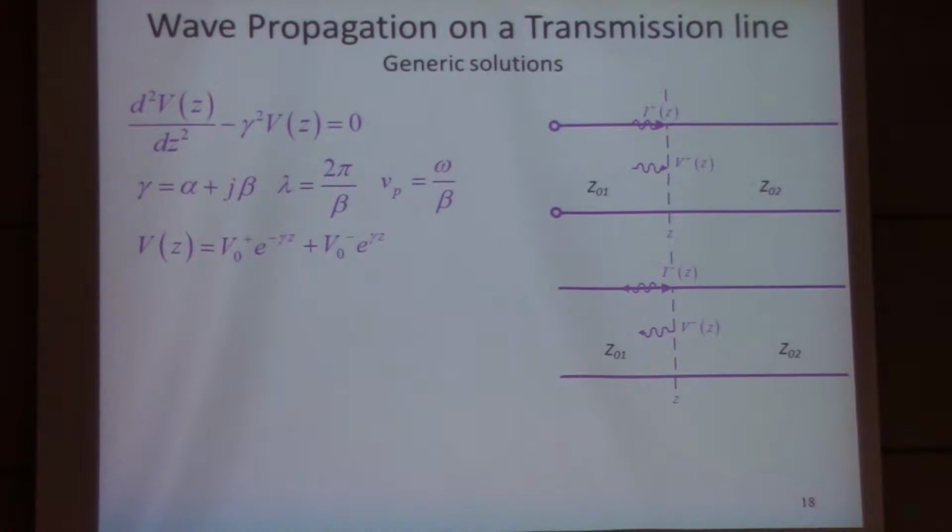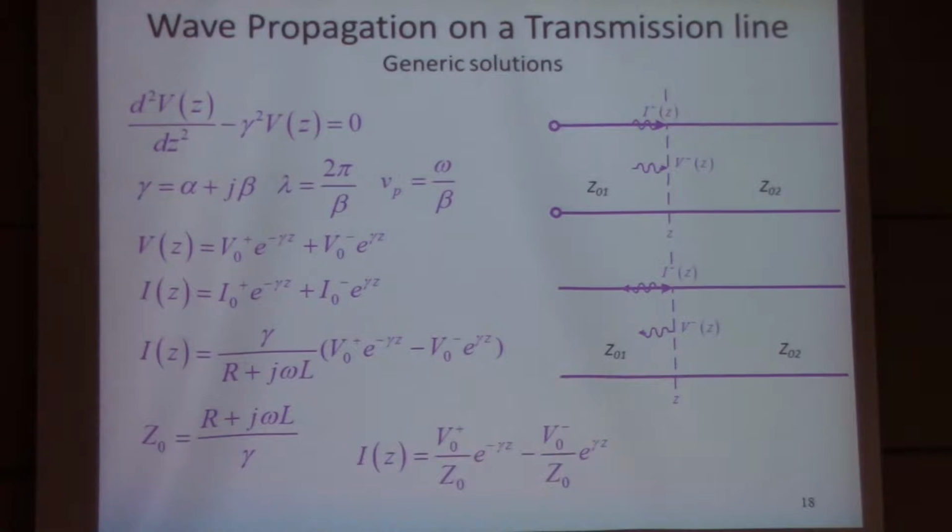Okay. And if you observe your waves, you'll find out if you put two pieces of transmission lines together, there is a parameter to describe the line called characteristic impedance. It is related to the line parameters.